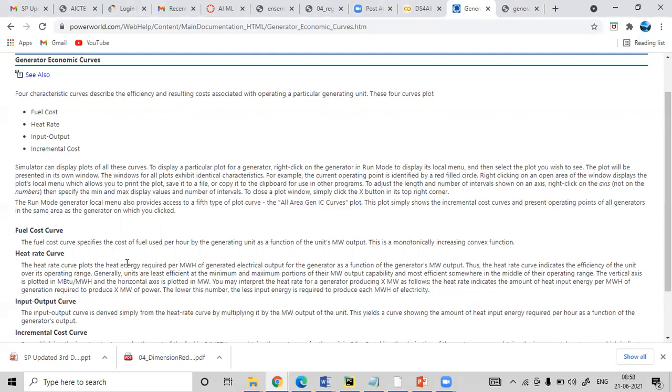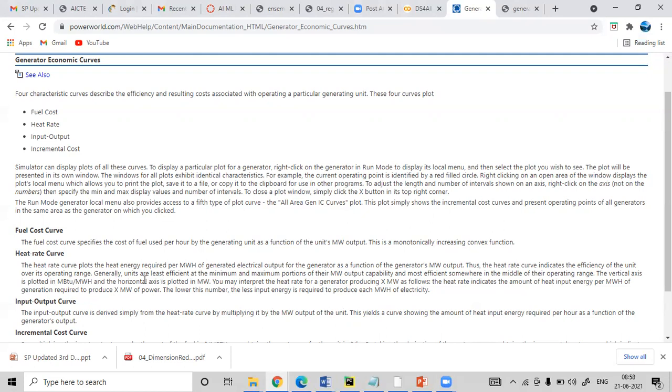How much heat energy is required to generate 1 megawatt hour of electrical power, right? The heat rate curve indicates the efficiency of the unit over its operating range. It always shows the efficiency.